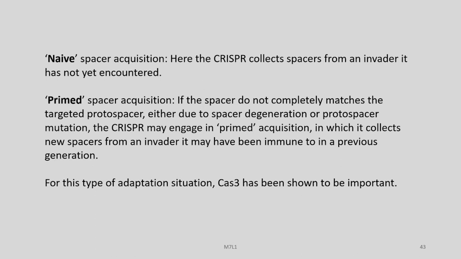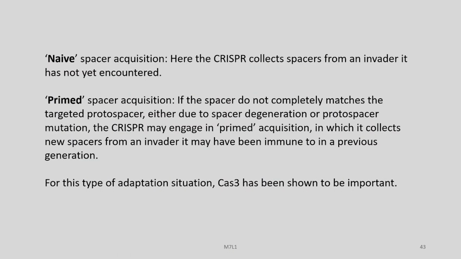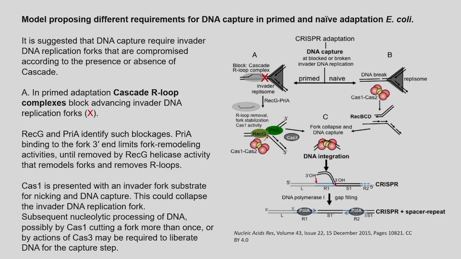So, although the antecedent DNA is there due to the earlier attacks, some change in this antecedent DNA has taken place, or it may have got totally lost. So, this is not naive in a way, this is called primed spacer acquisition. Here it collects new spacers from the invader it may have been immune to in the previous generation. For this type of adaptation situation, Cas3 has been shown to be very important.